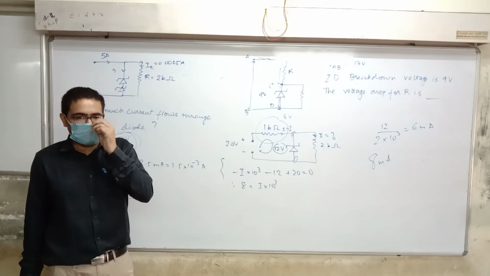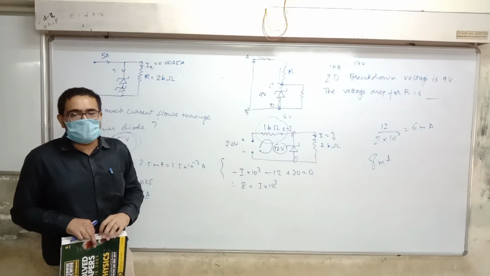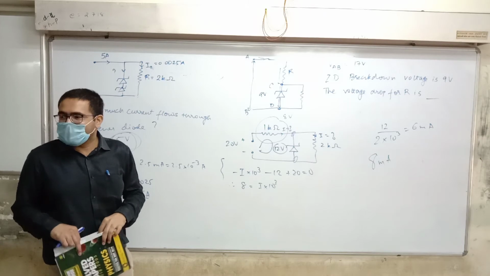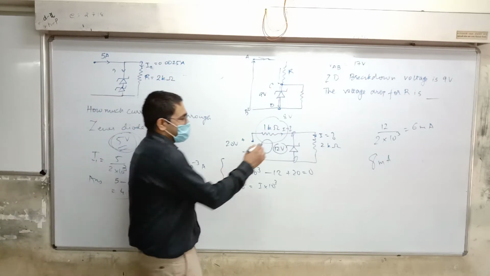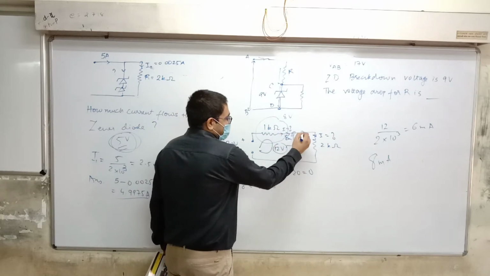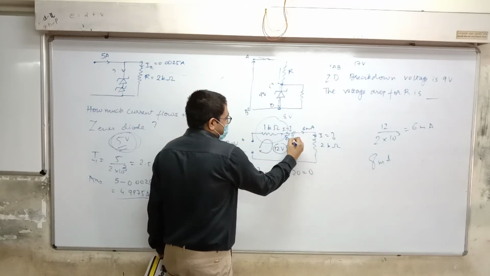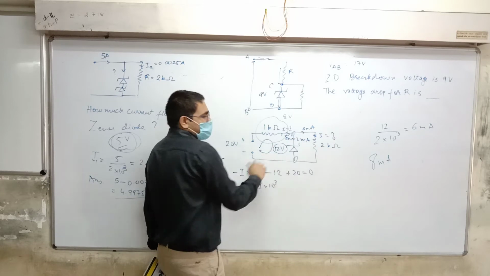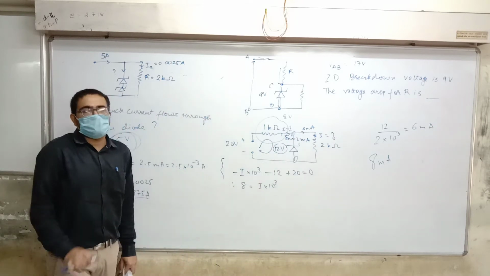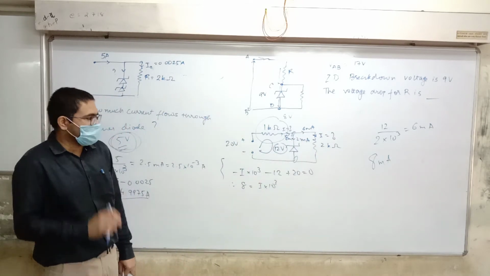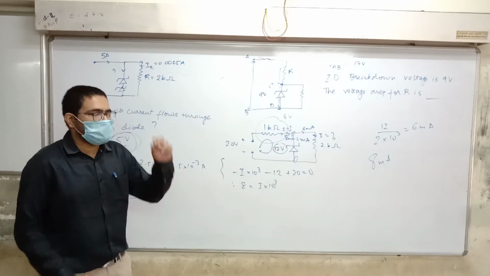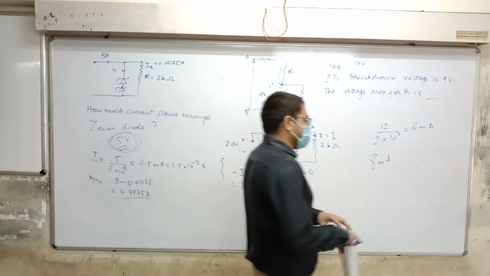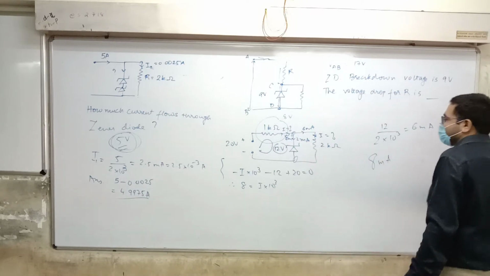Current in the Zener diode is 2 milliamp. Is that clear or not clear? 8 minus 6 is 2. Do you remember the rest? Yes or no? Okay. So that's what we have. Right? Fine. Now there is really nothing more to do on Zener diode.